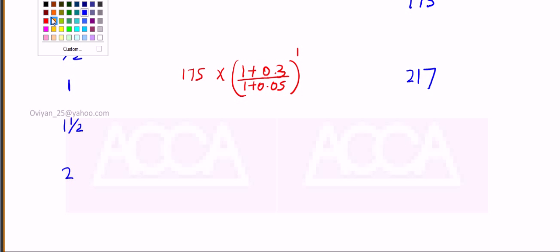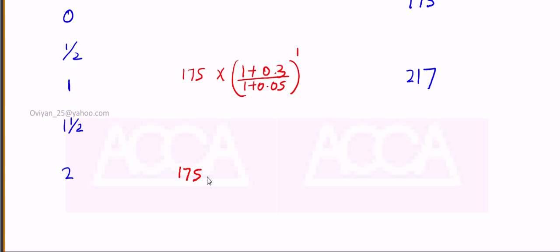Now the next thing we're going to see here, if the inflation is stable. Now if the inflation is stable, then you can just use this formula, multiplied by 1.30 divided by 1.05 to the power of 2, and you get the exchange rates in this particular year, 268.